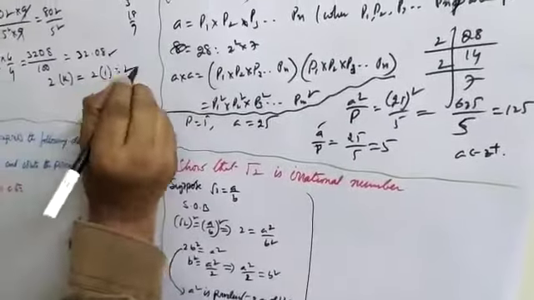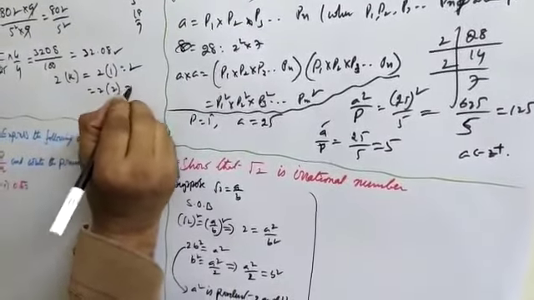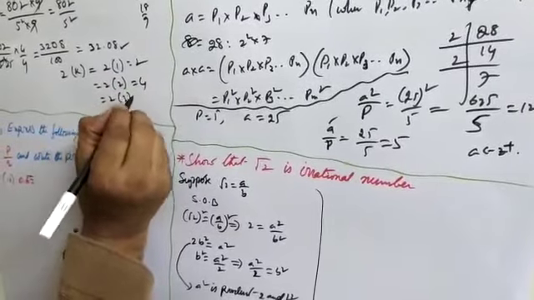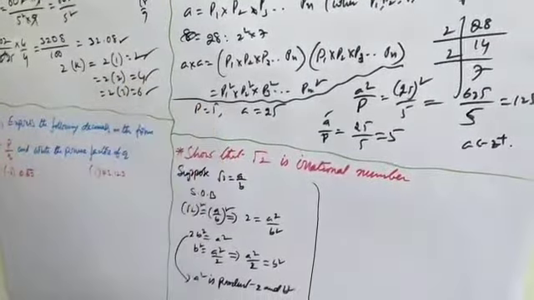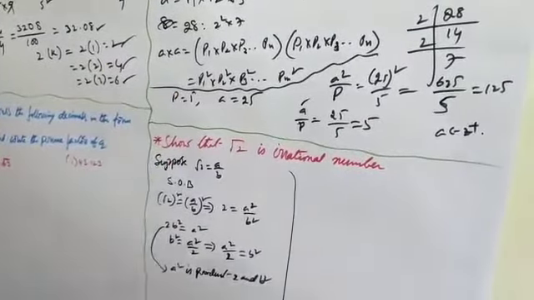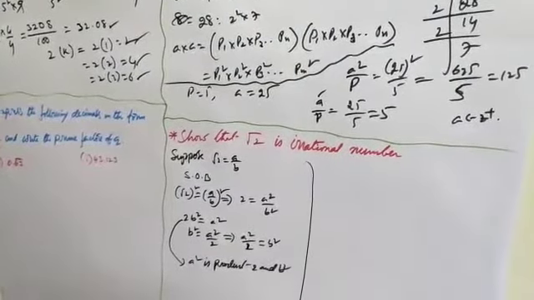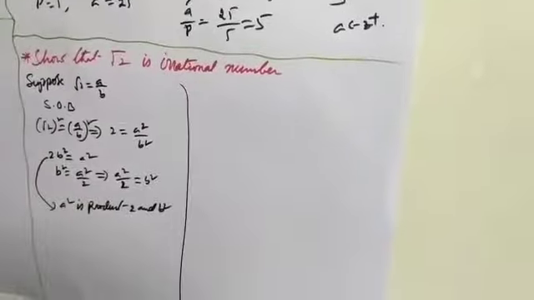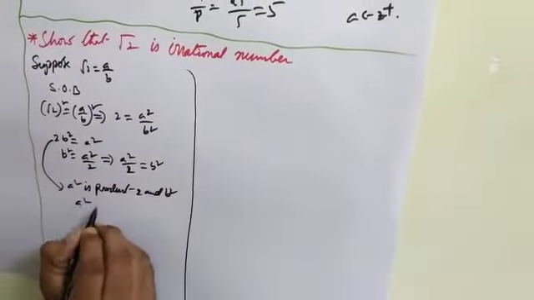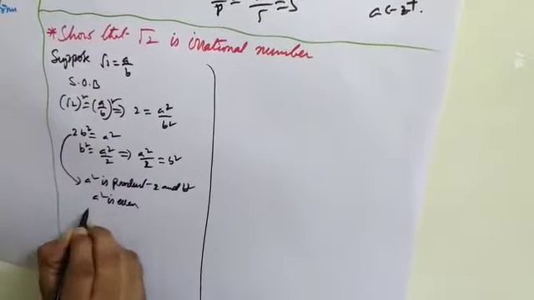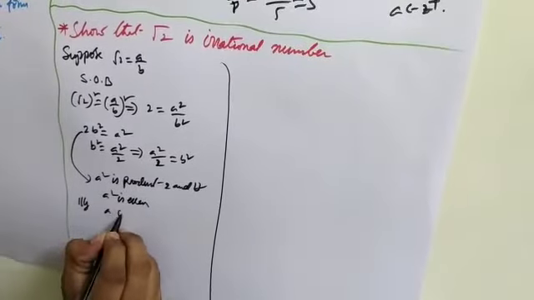For example, 2 into 1 is 2, 2 into 2 is 4, 2 into 3 is 6. The multiplication with 2, whether the other number is odd or even, always gives an even number. So A square is even, and similarly A is even.